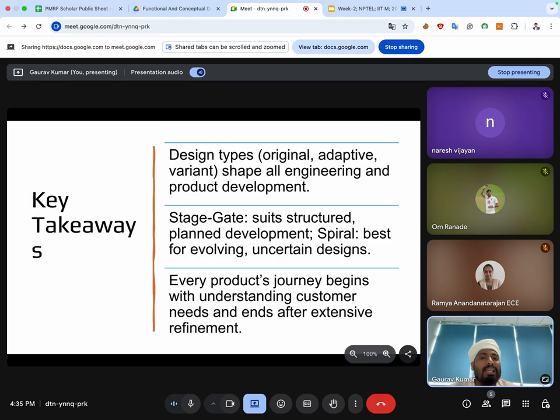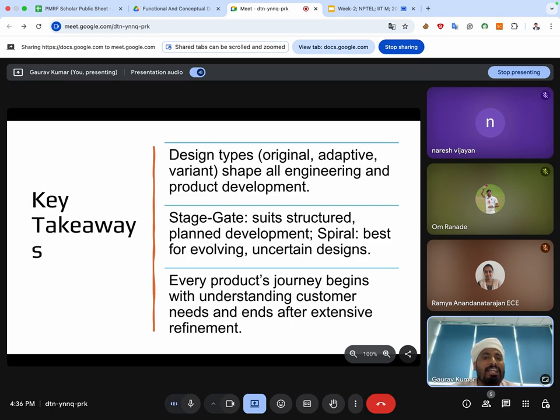These gates act as checkpoints. This method is ideal when the project is clear and well defined from the start, like developing household appliances or manufacturing tools. Each gate asks questions like: is the concept viable? Have we tested this enough?